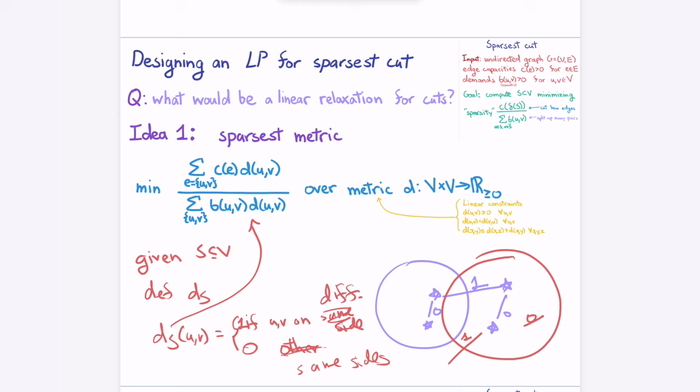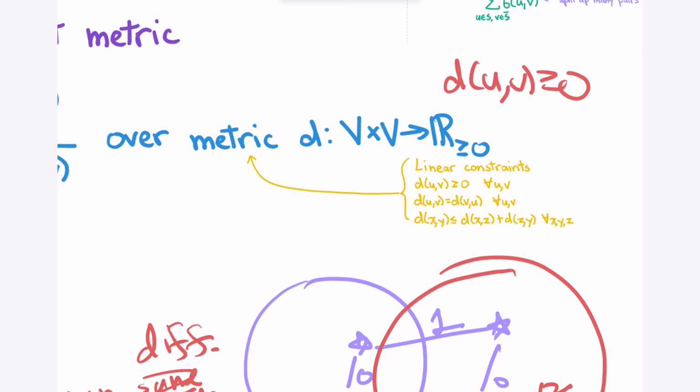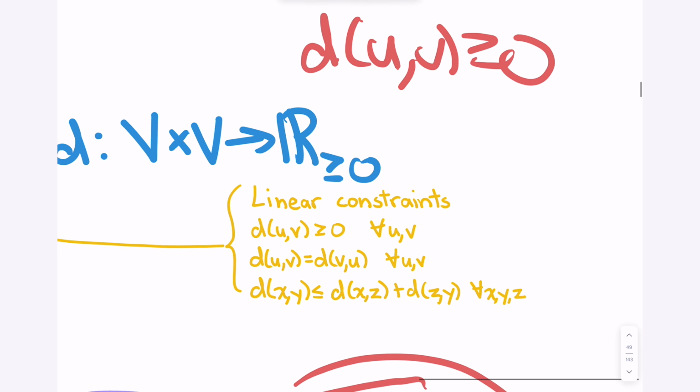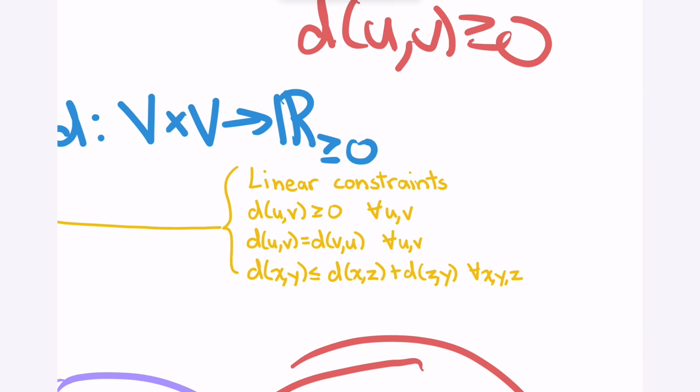Okay, so we're going to replace this whole choosing one set with a metric. I'm introducing variables. So what the LP is going to try to do is assign values d(u,v) greater than or equal to 0 for all vertices u and v, and it's going to have to satisfy the usual rules of a metric. So it needs to be non-negative, it needs to be symmetric, and it needs to satisfy the triangle inequality.